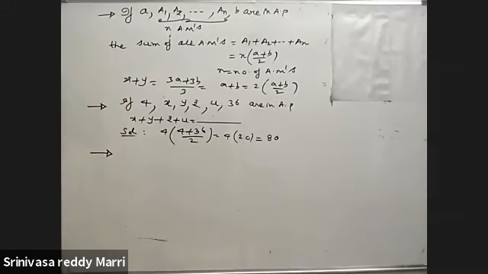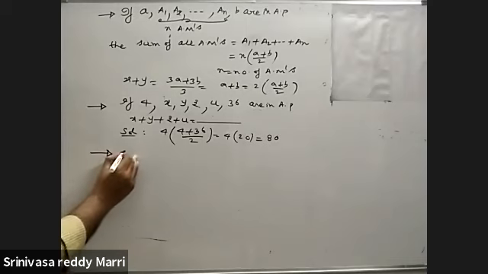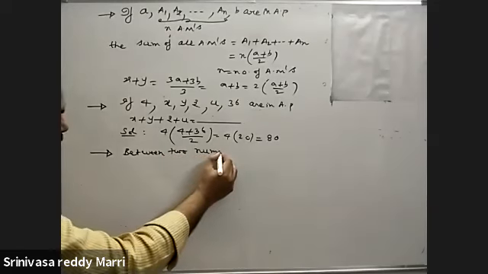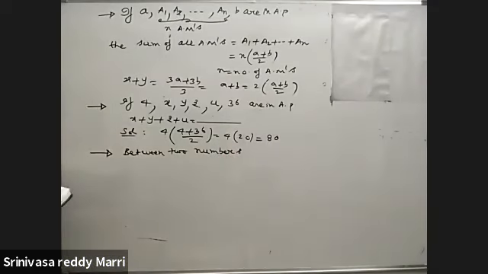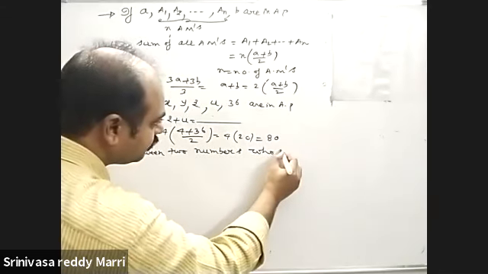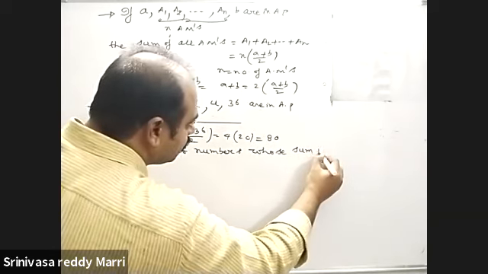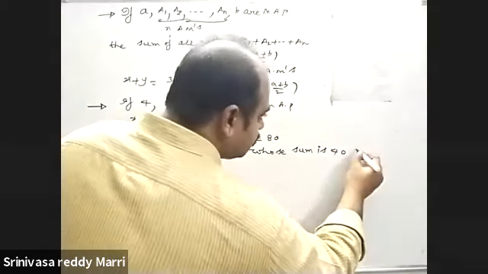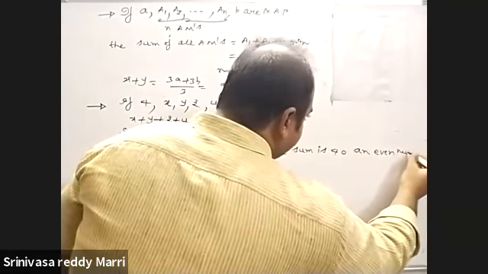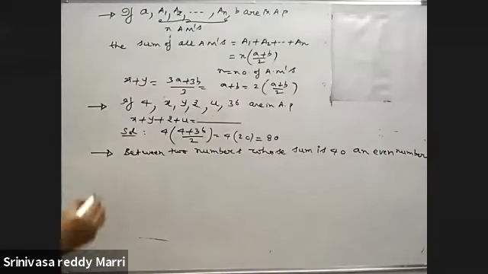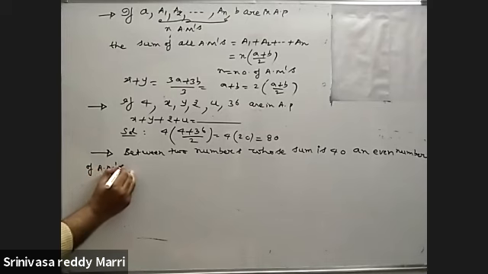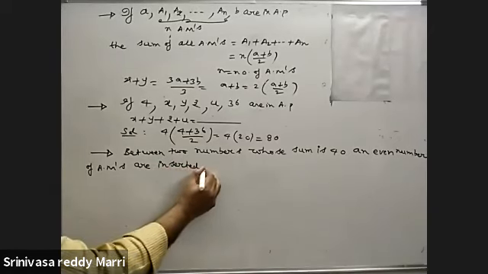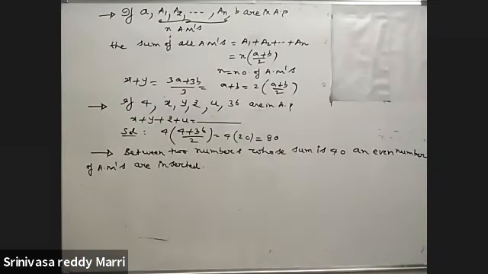Look at further application on this. Between two numbers whose sum is 40, an even number of AMs are inserted.